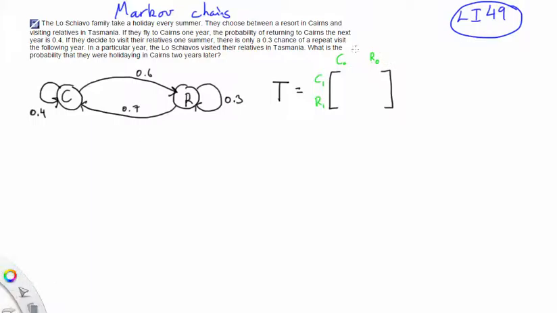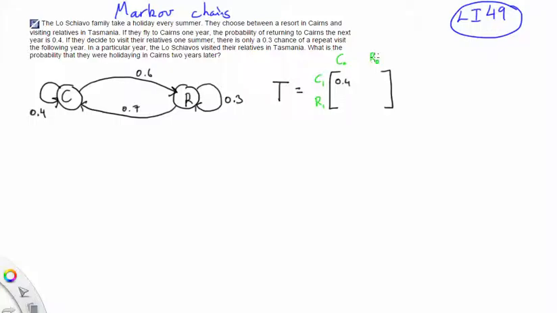What all this is saying is, this is going to Cairns one year, this is going to Cairns the next year, this is going to see the relatives one year, this is going to see the relatives the next year. So what's the probability they go to Cairns from one year to the next? Well, that's 0.4.